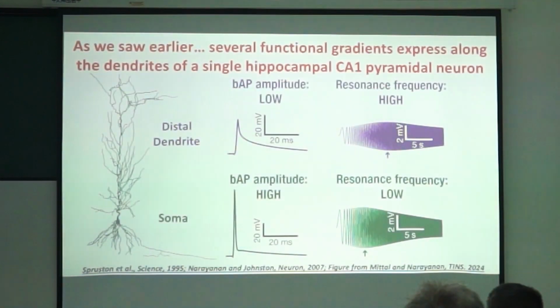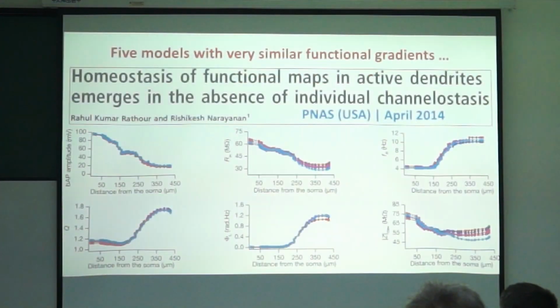Right? So I'll give you some examples from our own lab in terms of such degeneracy. So we saw that on the same dendritic arbor, you have the backpropagating action potential is higher here, lower here, higher here because of the different motifs that are present over here.